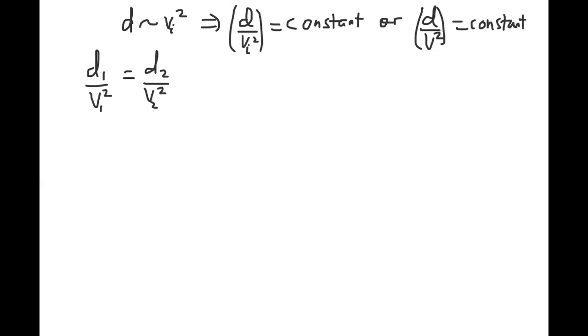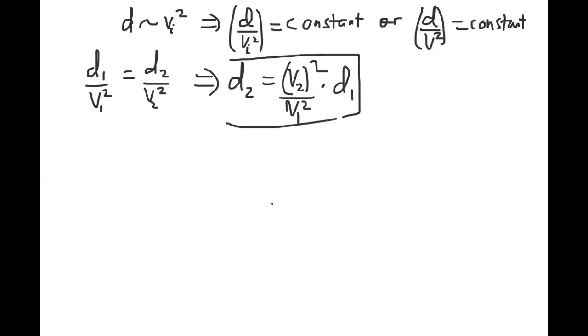So we can write D2 will be V2 squared divided by V1 squared, then times D1.